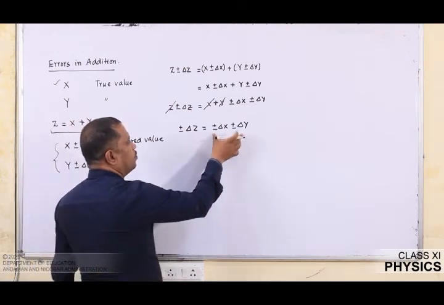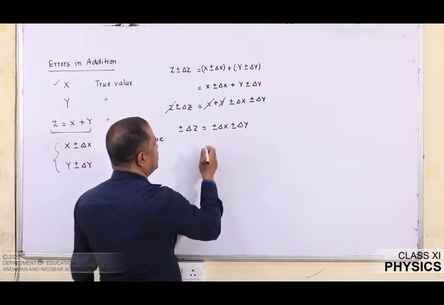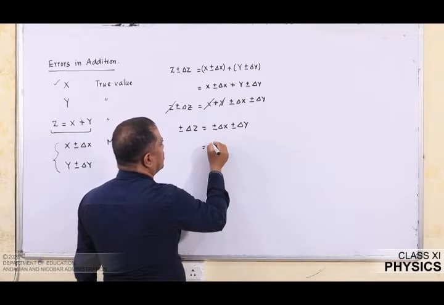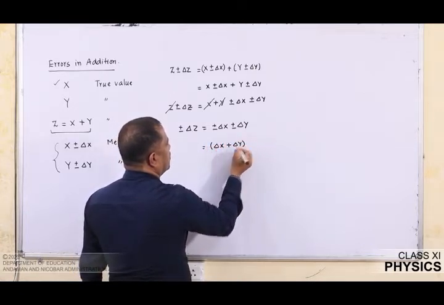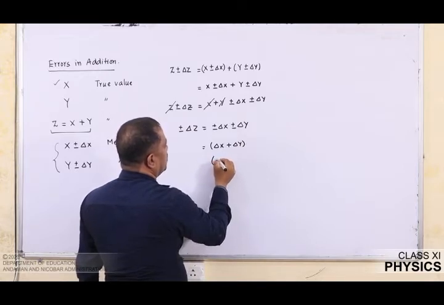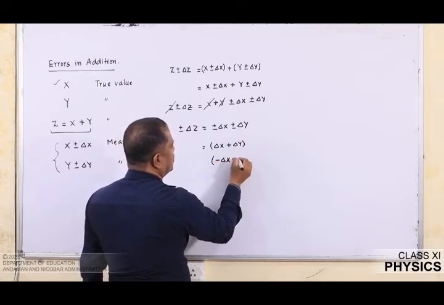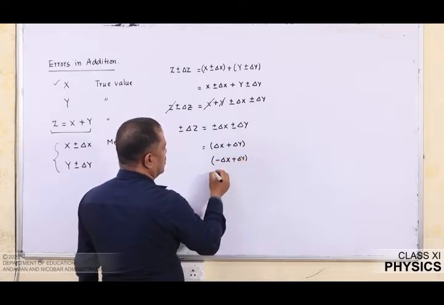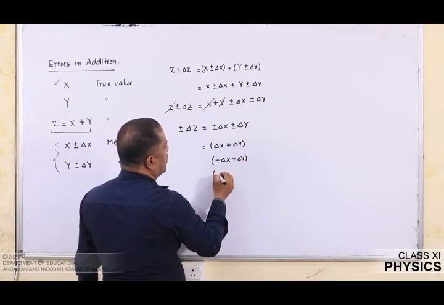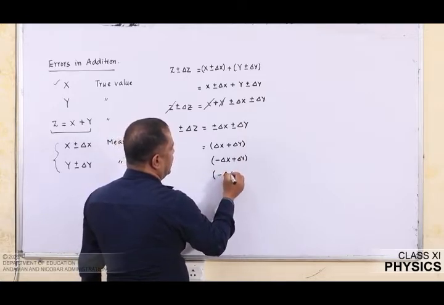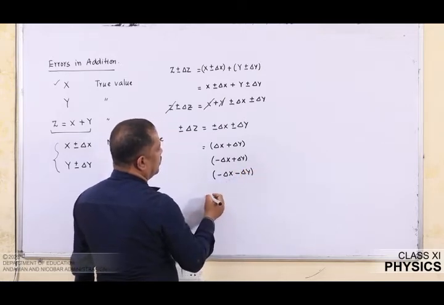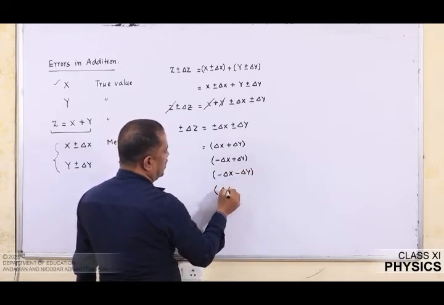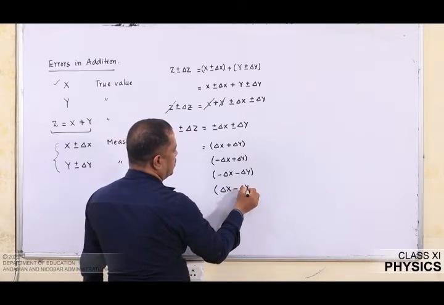So, here 4 possible errors are there. What are they? First, the combination is plus delta x plus delta y. The second could be minus delta x plus delta y. The third can be minus delta x minus delta y, and the fourth can be plus delta x minus delta y.